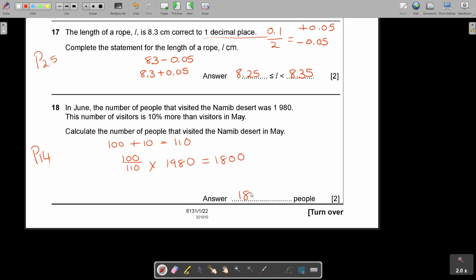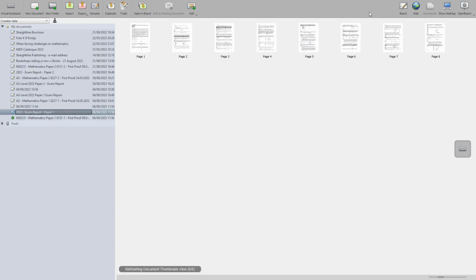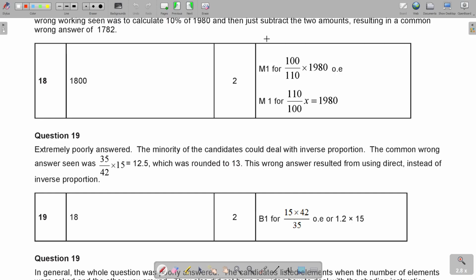So the previous month, it was 1,800. And you can check by increasing with 10% and see, but rather make sure that you do it correct. So reverse percentage is where the 100 will be on top. And then we go to the exam report, and that's question number 18.